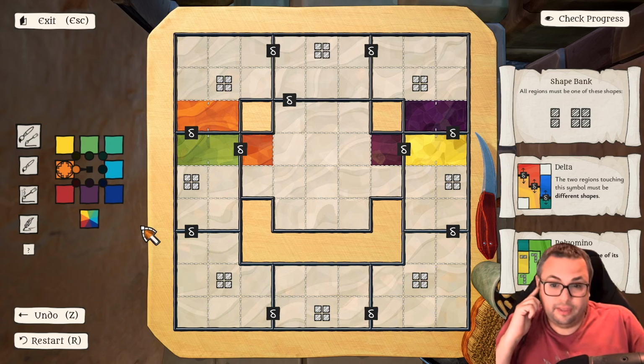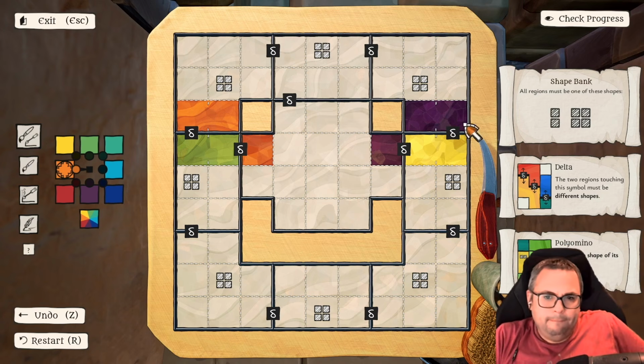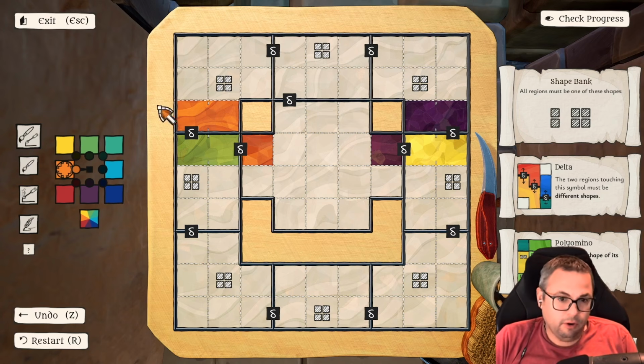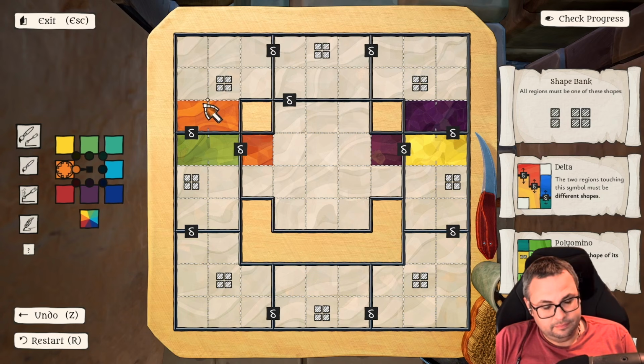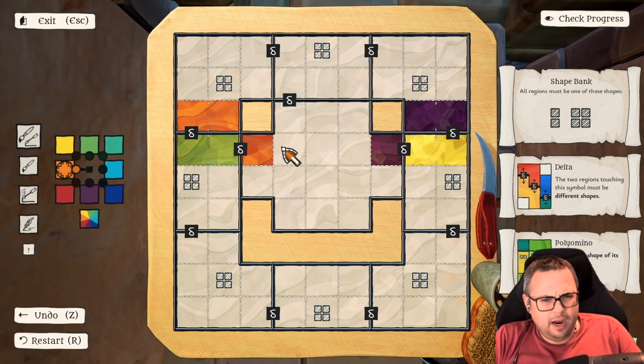And one of these things is a square. So purple or orange, one of them. Oh, sorry, I don't know that. I don't know that one of them is a square.